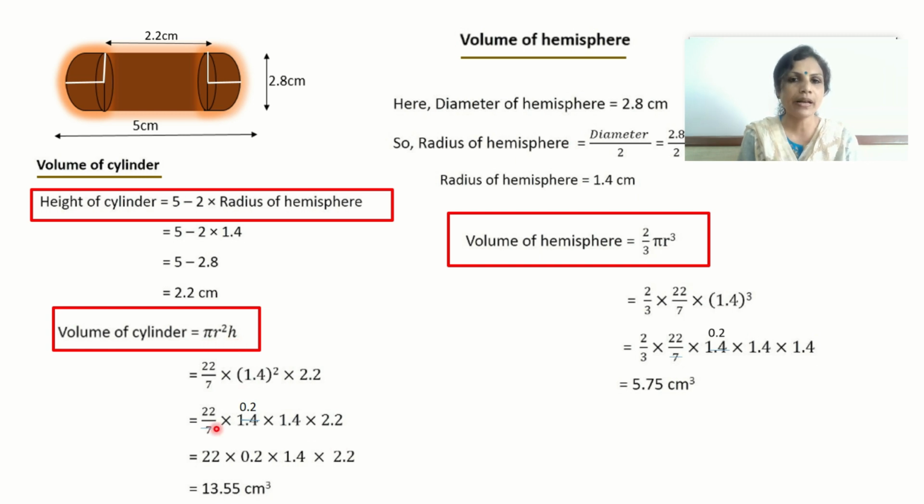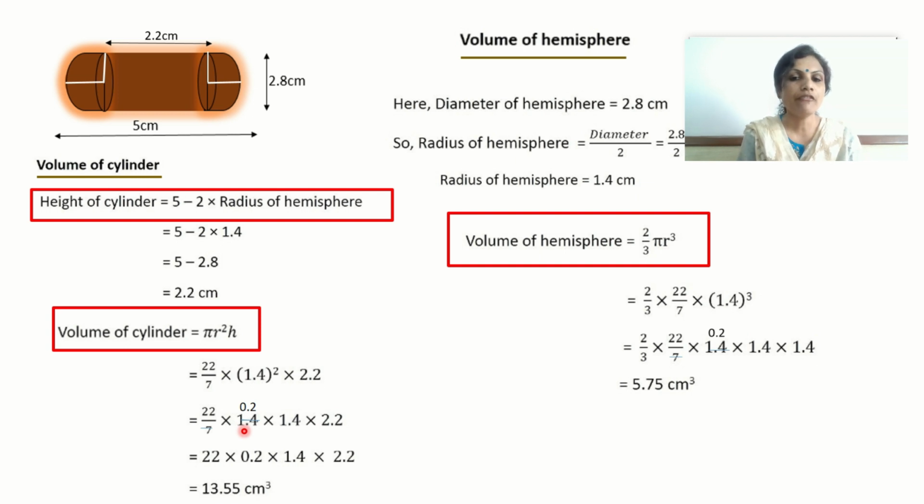Moving ahead, let's recollect the formula for volume of a cylinder, that is pi into r square h. So 22 by 7 into 1.4 the whole square into 2.2. Let us simplify this. 22 by 7 into 1.4 into 1.4 into 2.2. Check out what all you can cancel. So you can cancel 7 and 1.4. So 7 into 0.2 is 1.4.